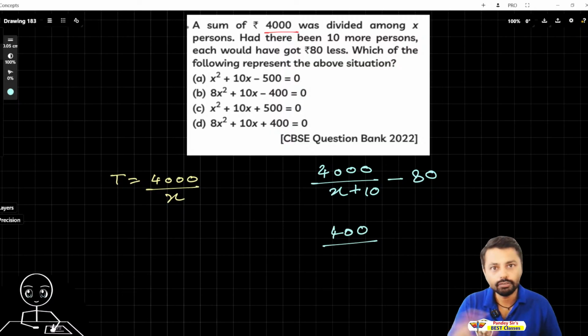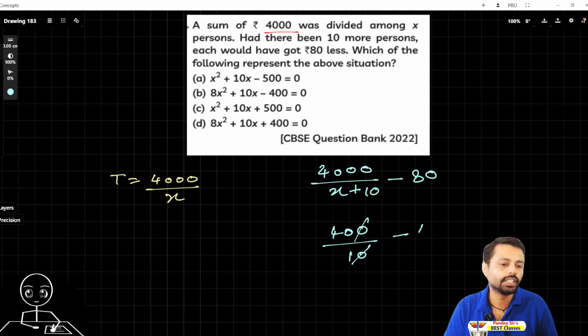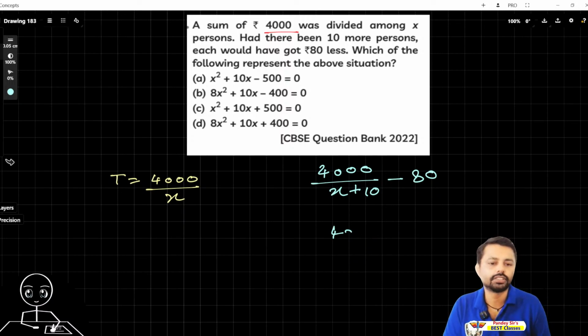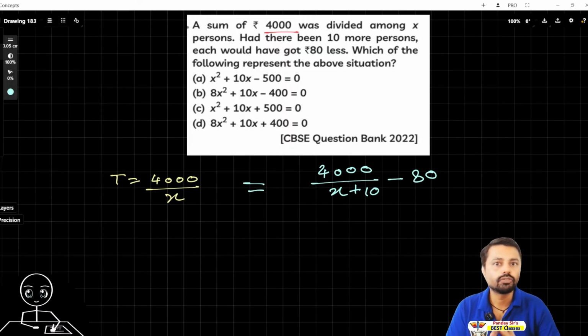But now we said extra 10 people, so they are getting 40 now. Means currently they are getting 360 less in our example. Now in the book's example it is this. So that's it. This is how you can form the quadratic equation. Now it's just a matter of equating it.